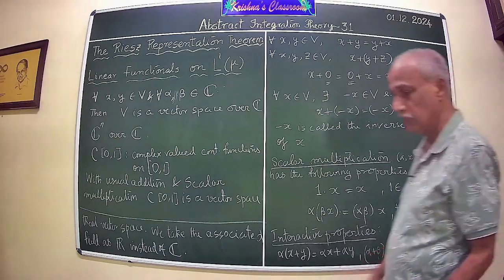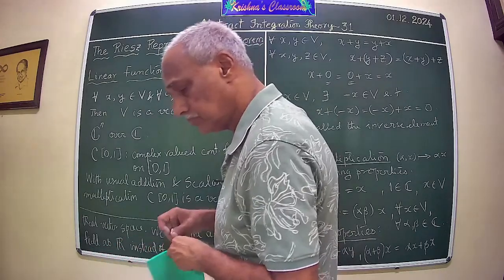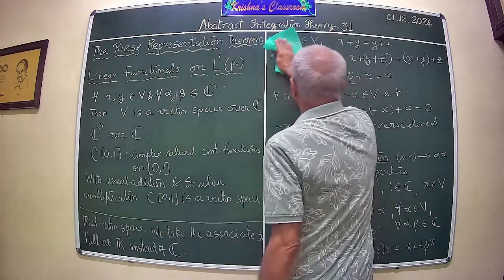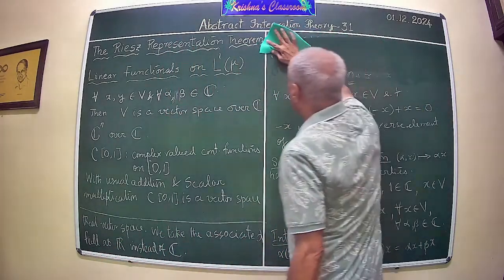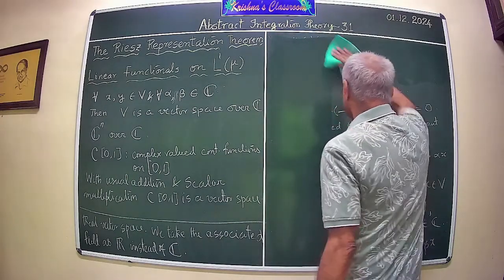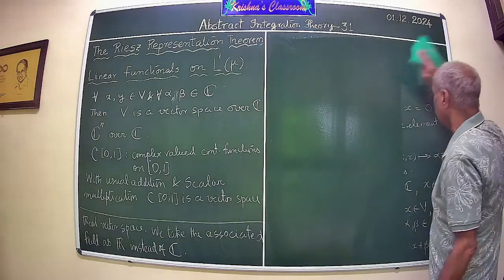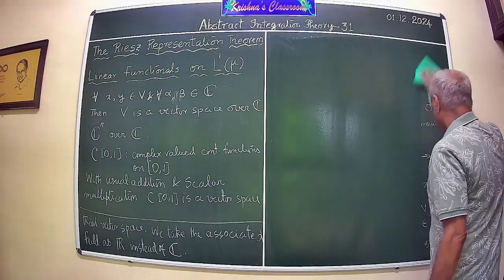For example, Rn over R is an example. Rn over C you cannot take because a lot of things go wrong.